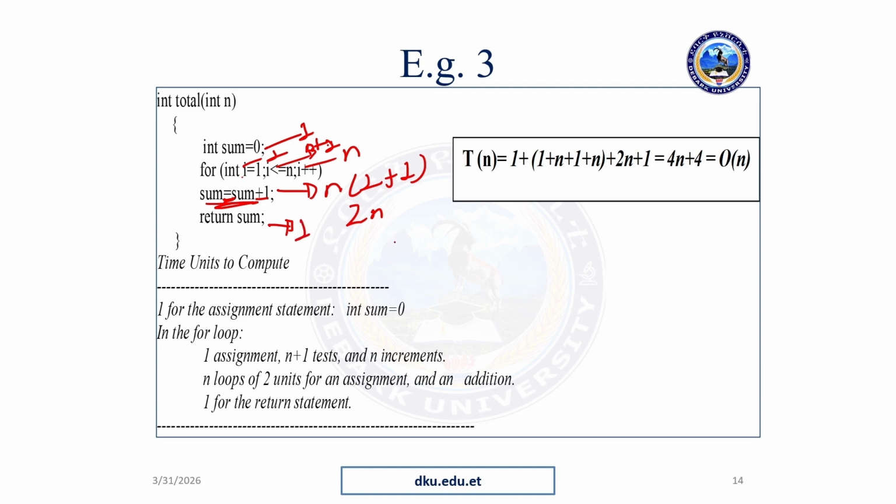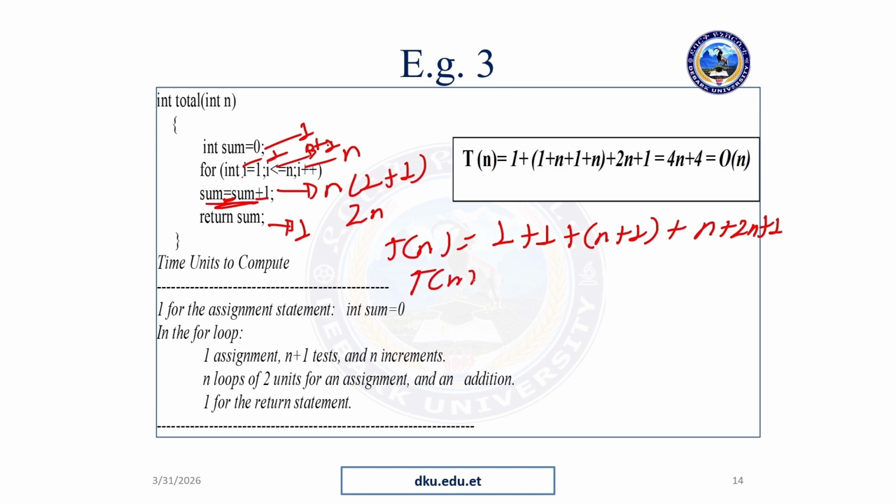So we can simply add this up: T of n equals 1 plus 1 plus n plus 1 plus n plus 2n, then plus 1.